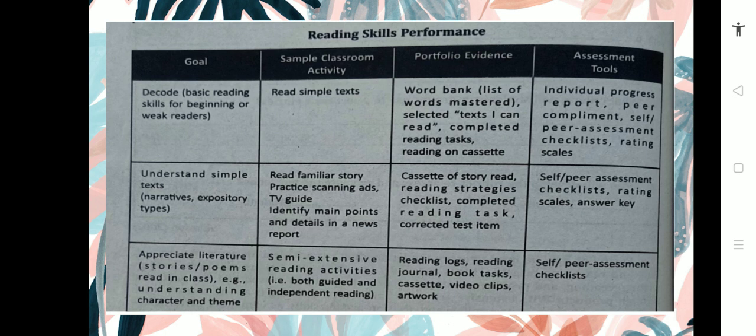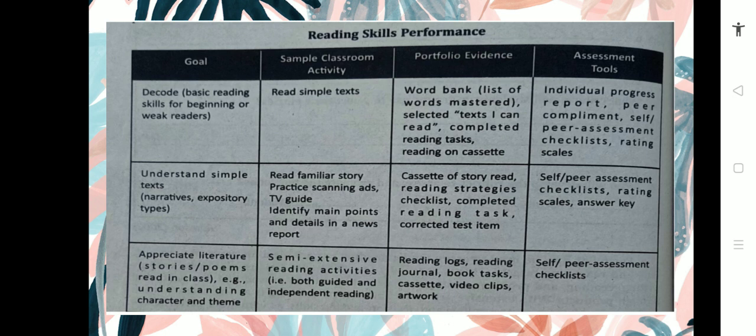Our sample classroom activity is read simple text. Our portfolio evidence are word bank or list of words mastered, selected texts I can read, completed reading tests, reading on cassette. Our assessment tools are individual progress report, self or peer assessment checklist, and rating skills.